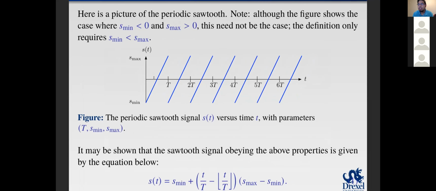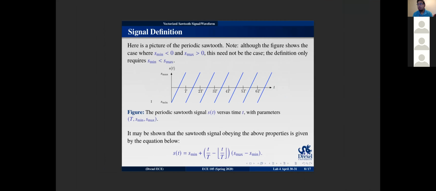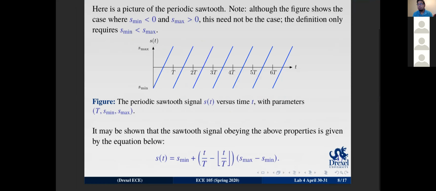Somewhere over here is my small t value right now, and the total time period for the sawtooth is capital T. So small t over capital T is the fraction of the time elapsed since you started moving away from the minimum signal value. Does that make sense? Yeah. Okay, all right, let's move on.